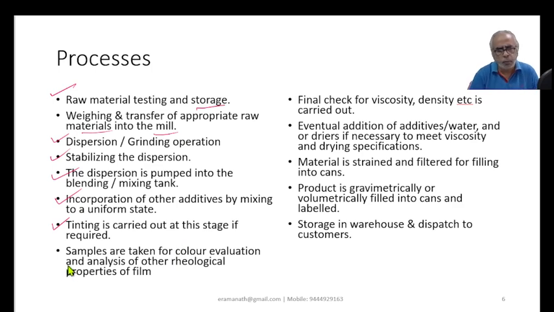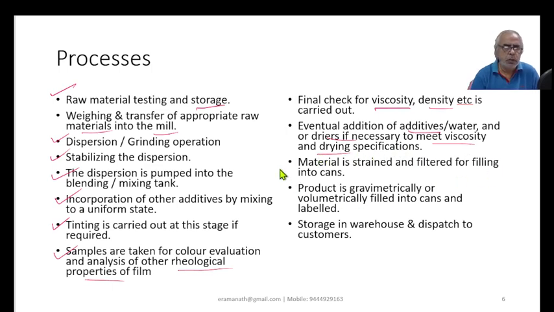Then samples should be taken for color evaluation and analysis, and we need to check other rheological properties of the film also. Then finally we have to check the viscosity and density. Then we need to add additives as I already mentioned, then driers if necessary to meet the viscosity and drying specifications.